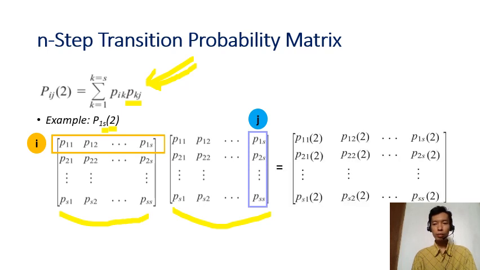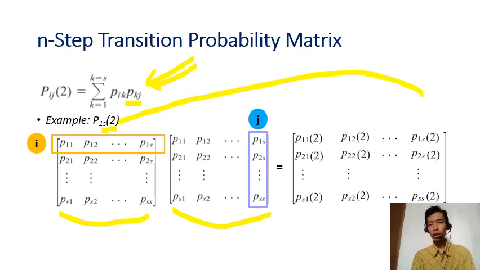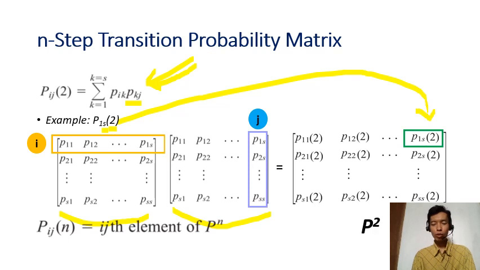If you do the multiplication like a matrix multiplication, the row times the column, row times column, and then you may identify PIS2 as that element. So this P squared matrix can be used to see what is the Pijn.